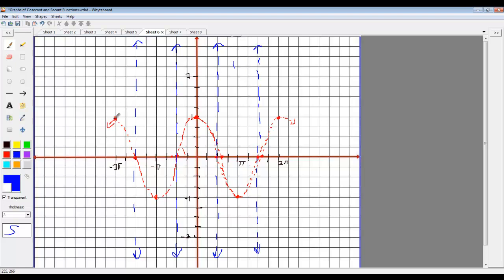At the peaks, you know that you're going to have a minimum point for your secant, and at the valleys, you know you're going to have a maximum, a local maximum for your secant.